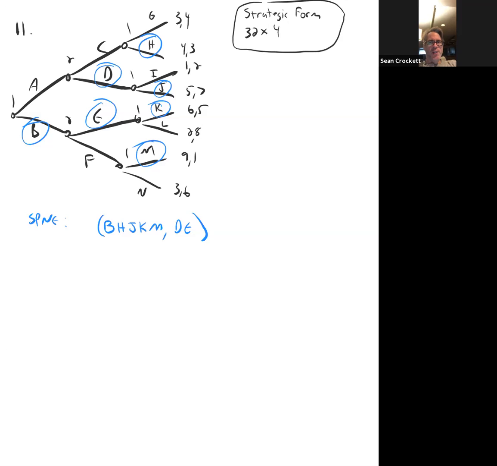So those are easy. Games that have multiple equilibria, like the last game that we looked at, could be solved by backward induction in the bottom.